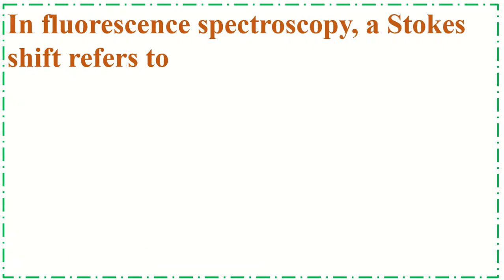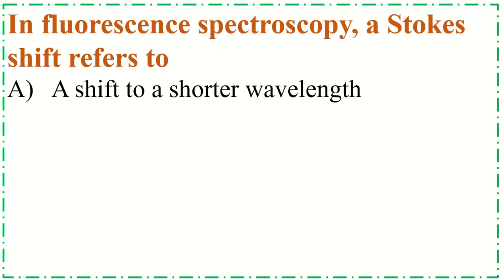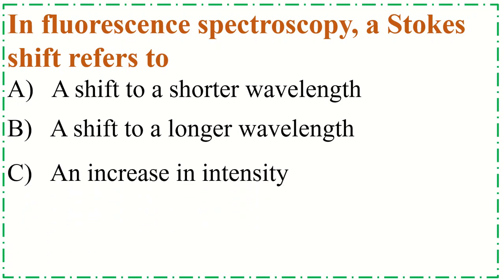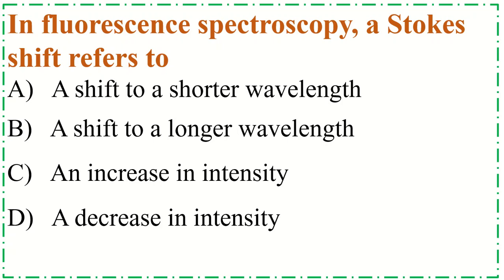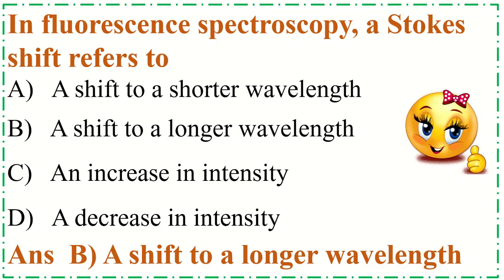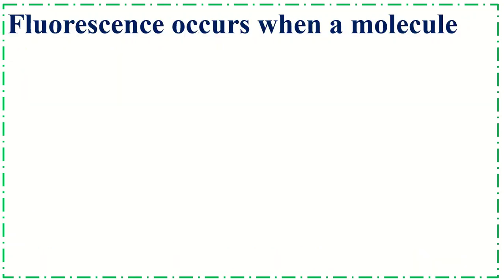In fluorescence spectroscopy, a Stokes shift refers to: option A, a shift to a shorter wavelength; B, a shift to a longer wavelength; C, an increase in intensity; D, a decrease in intensity. Correct option is B, a shift to a longer wavelength.